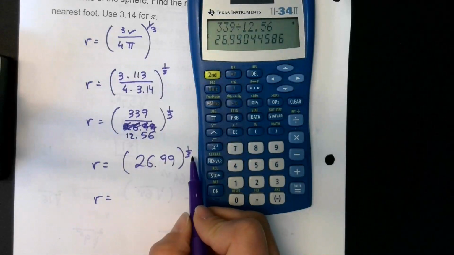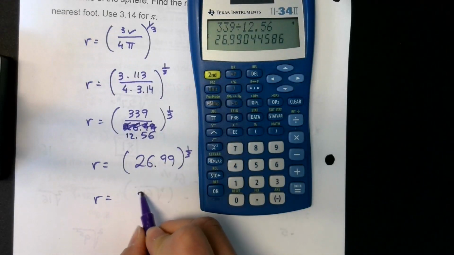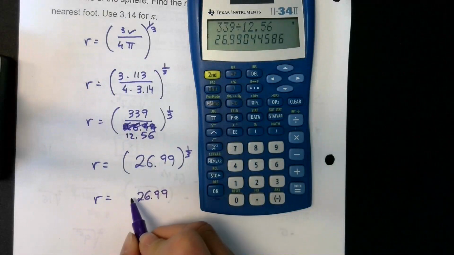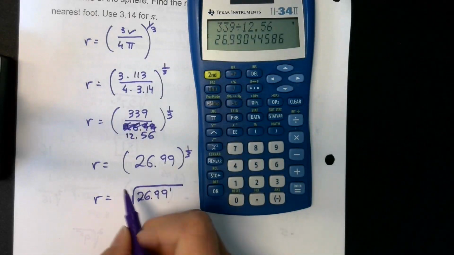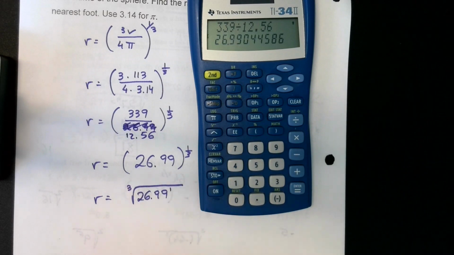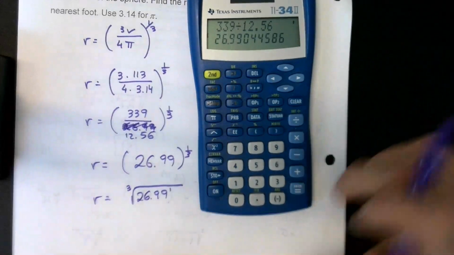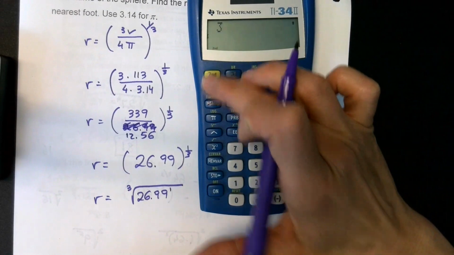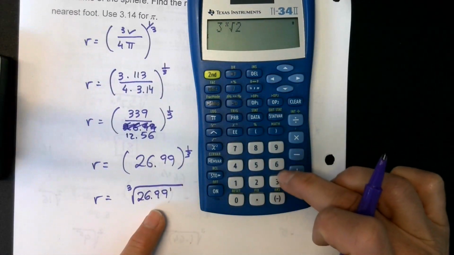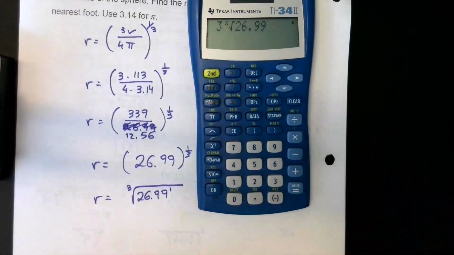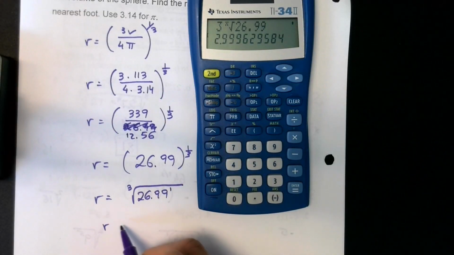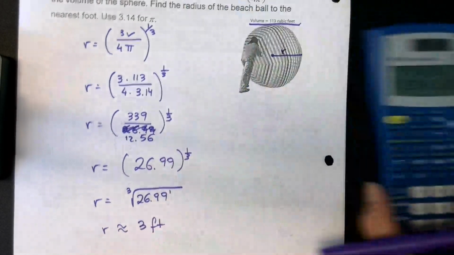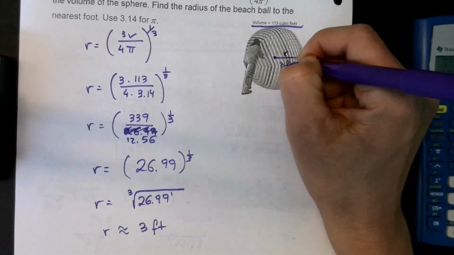This is the same thing as 26.99 to the first power, and then this is your cube root. And now we can just plug it in and see what that really is. We end up with about 2.999, which is approximately 3 feet. That's our radius. So it's about 3 feet.